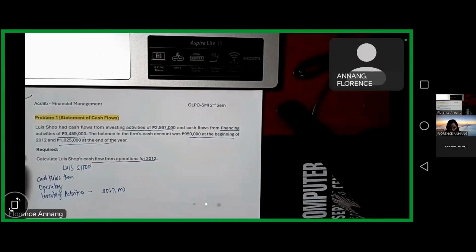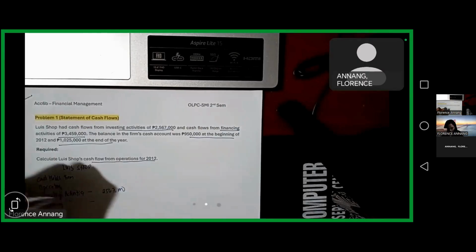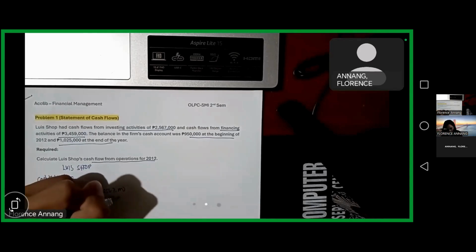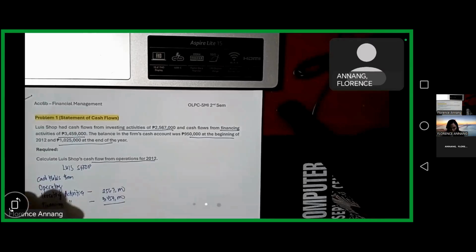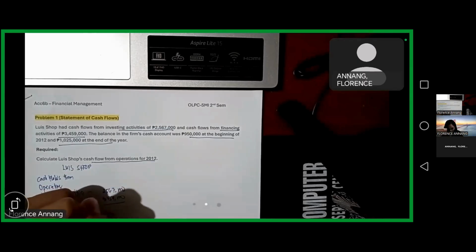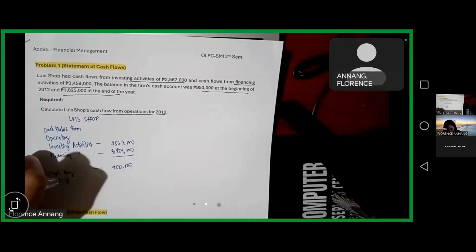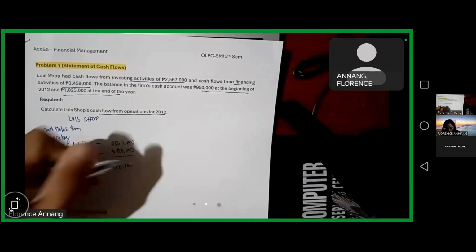For our financing activities, we have 3,459,000 pesos. We have our cash beginning of 950,000. Cash end of how much? 1,025,000.